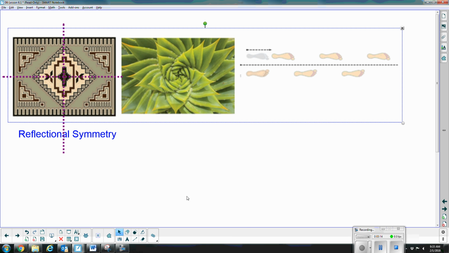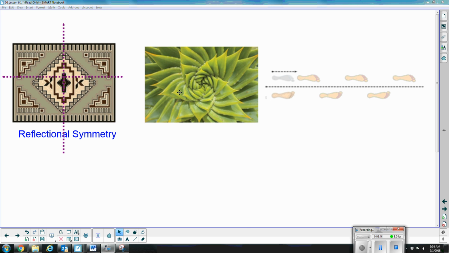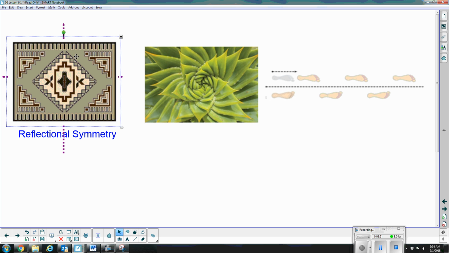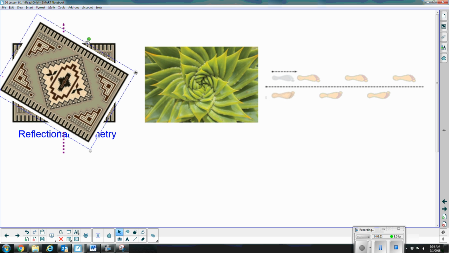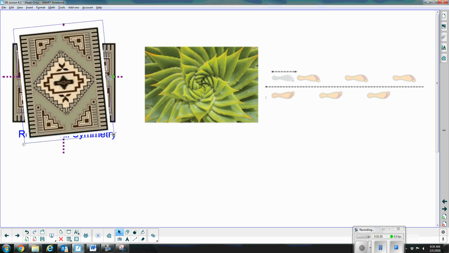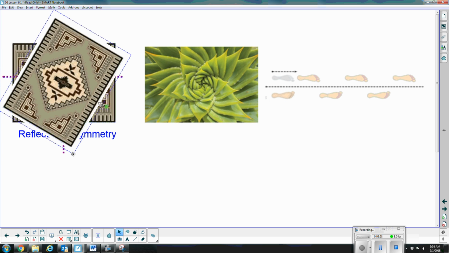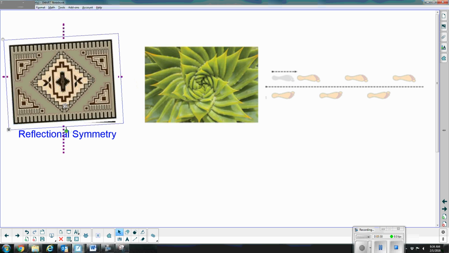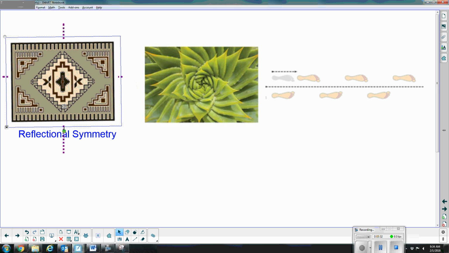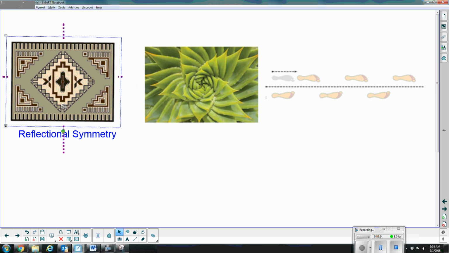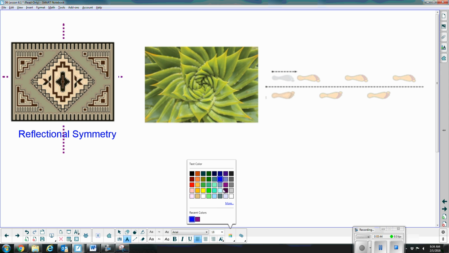Well, if I copied any one of these images and I spun the image, how far do I have to go until it coincides with the original image? All right, so this was my starting point. This was at the top middle here, but now it's at the bottom middle. So this image has rotational symmetry.